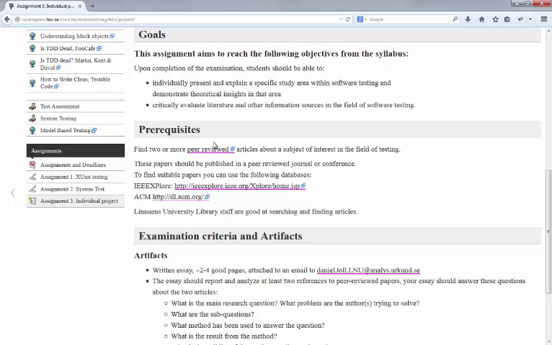It's not a post on Stack Overflow. It's some scientist who have written, or some company that have written a report on some area of interest, right? And I actually give a few restrictions here. I want it to be published in a peer-reviewed journal or conference. Okay.